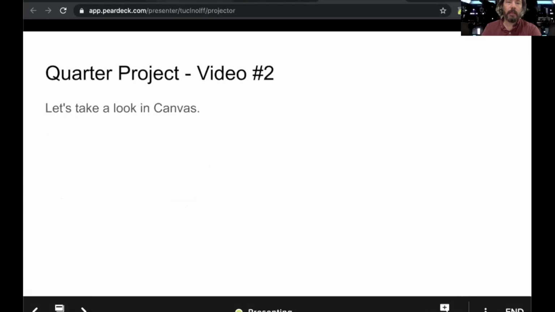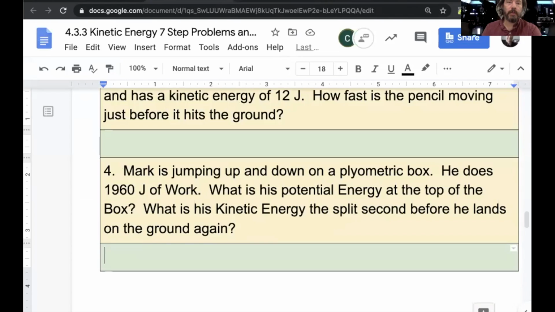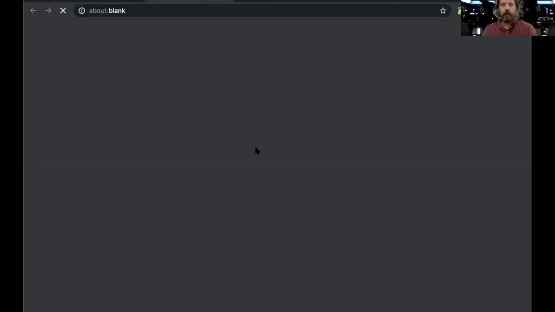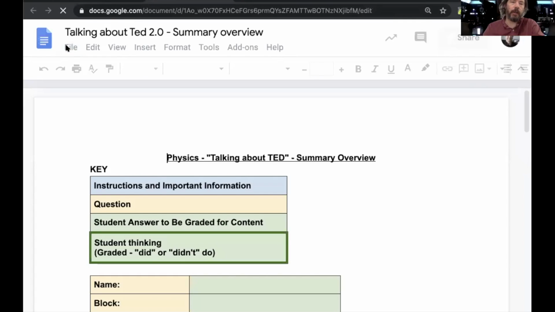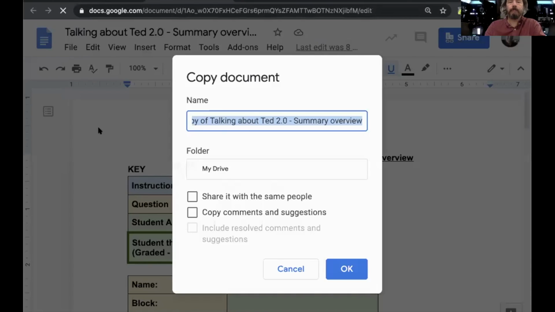So let's take a look in Canvas. Let's look at the quarter project for this week. Please make sure that when you click on the TED, talking about TED, that you go to File, make a copy, and the Franklin TED number 2 overview.